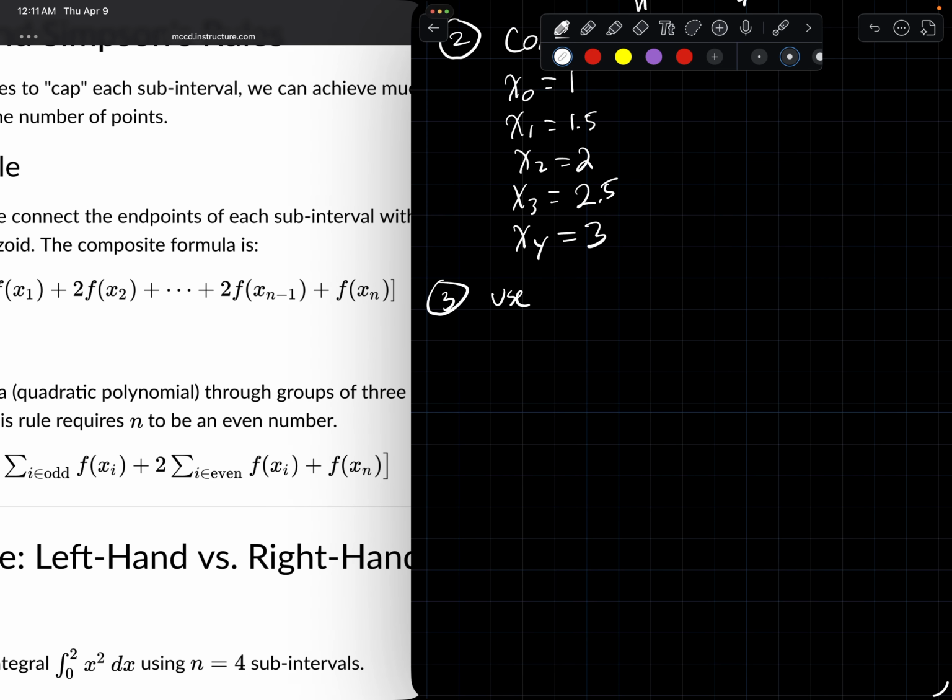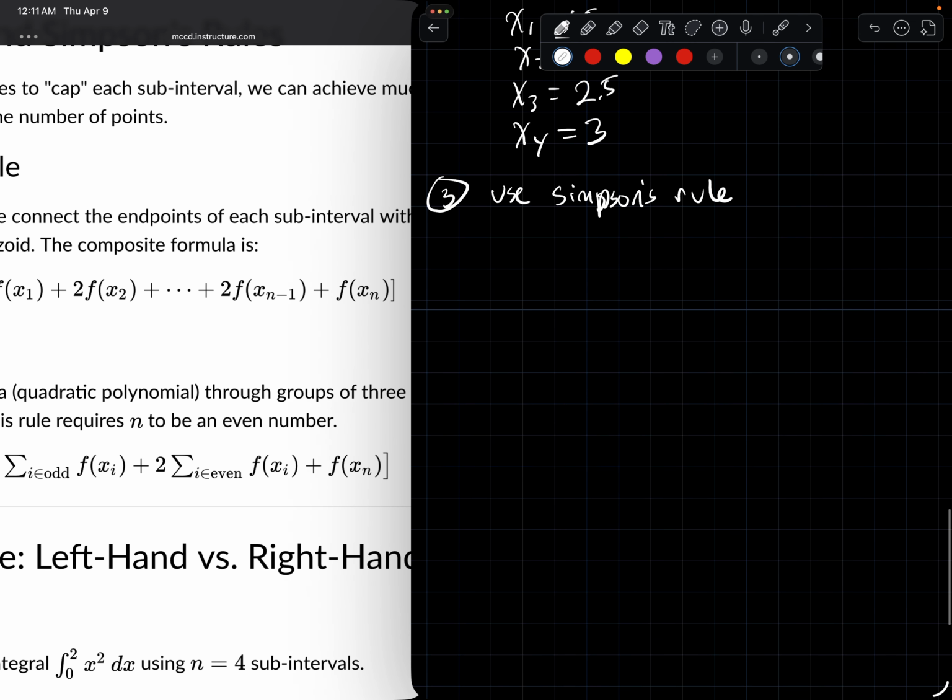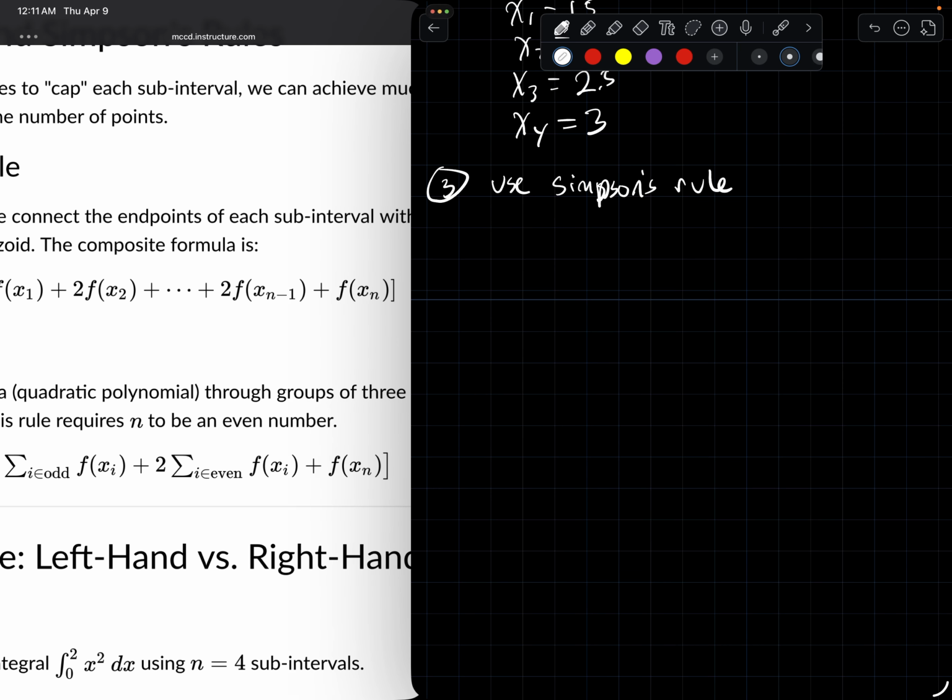So use Simpson's rule. What do we have? We'll say S4 for Simpson's rule with 4 intervals. It is delta x over 3. And then the pattern is f of x0 plus, and now we have to remember the pattern, which alternates 4 and 2.